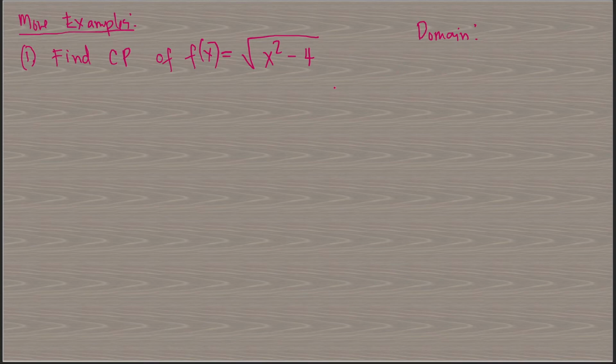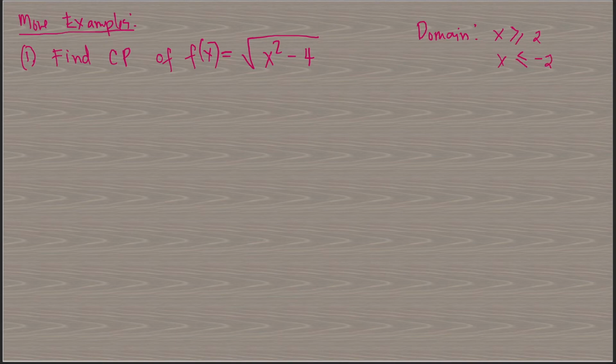Do you believe that we are allowed to have values for x like -2 or 2? Yes, actually that's the limit. So the domain of our function is that we're only allowed to substitute values greater than or equal to 2, or x values lesser than or equal to -2.